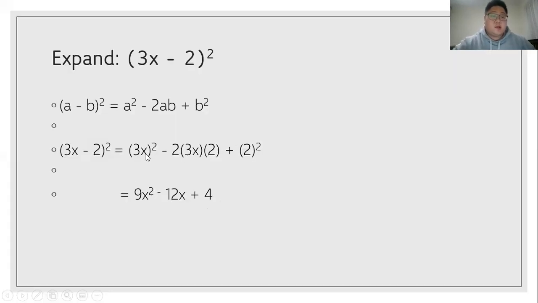So 3x squared is 3x times 3x, which gives us 9x squared, minus 2 times 3 is 6, times 2 is 12, and our x, we put it next to each other as we are multiplying it together. Then our plus, and 2 times 2 is 2 squared, and that gives us 4. So 3x minus 2 all squared gives us 9x squared minus 12x plus 4.